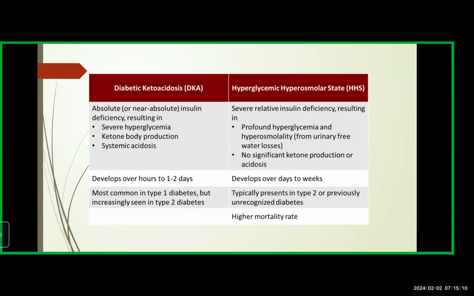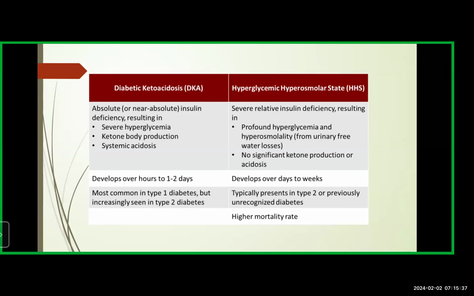Now, this table shows the difference between DKA and HHS. In DKA, there's absolute or near absolute insulin deficiency, and so this results in severe hyperglycemia and ketosis, ketoacidosis. While in HHS, there's relative insulin deficiency causing hyperglycemia, but they do not have profound ketoacidosis.